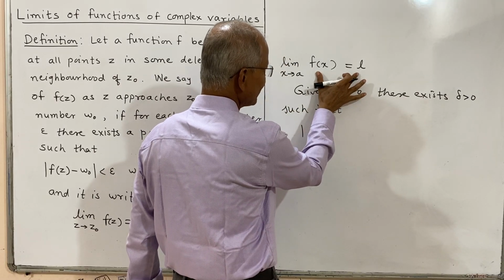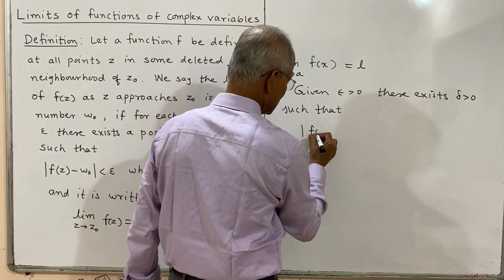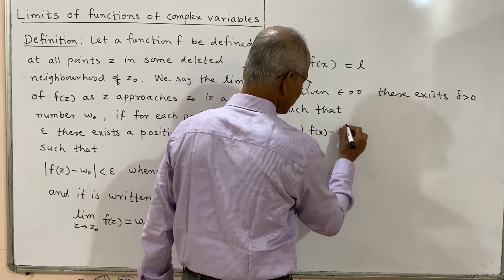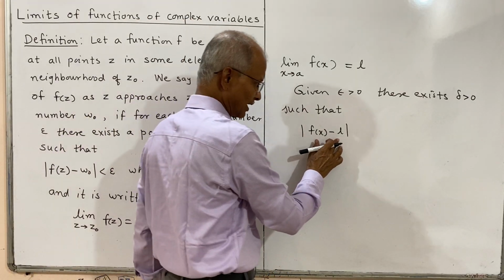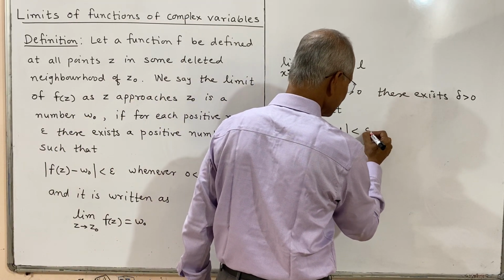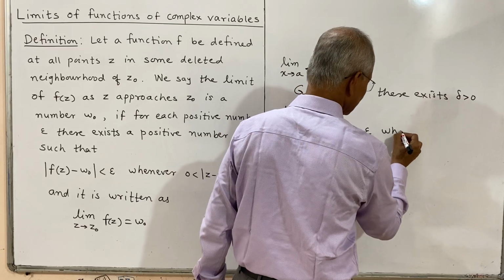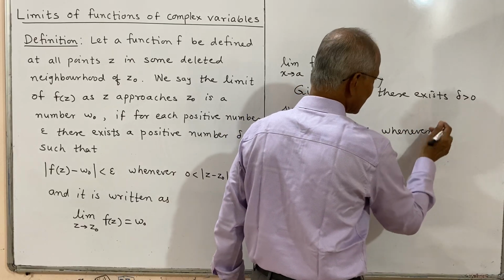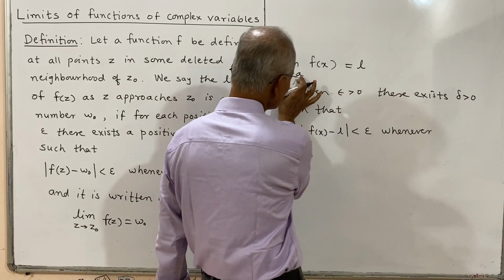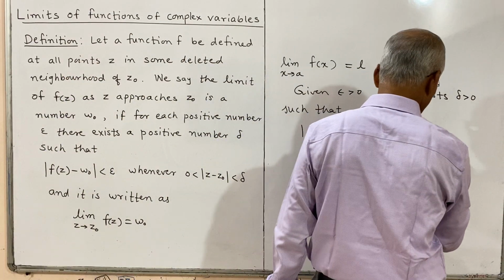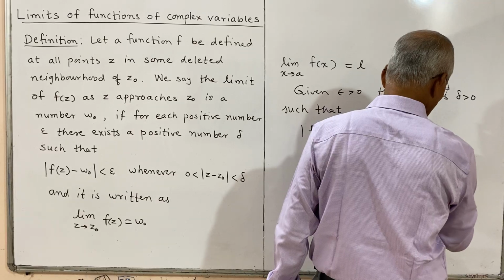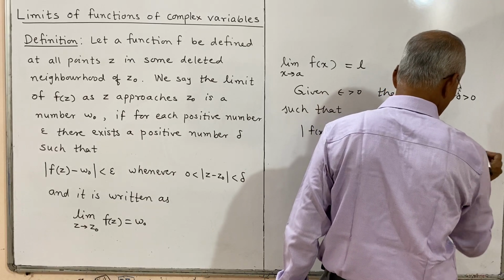the distance between f of x and L, denoted as the absolute difference mod of f of x minus L, is less than epsilon whenever the distance between x and a is less than delta, or whenever 0 is less than mod of x minus a is less than delta.